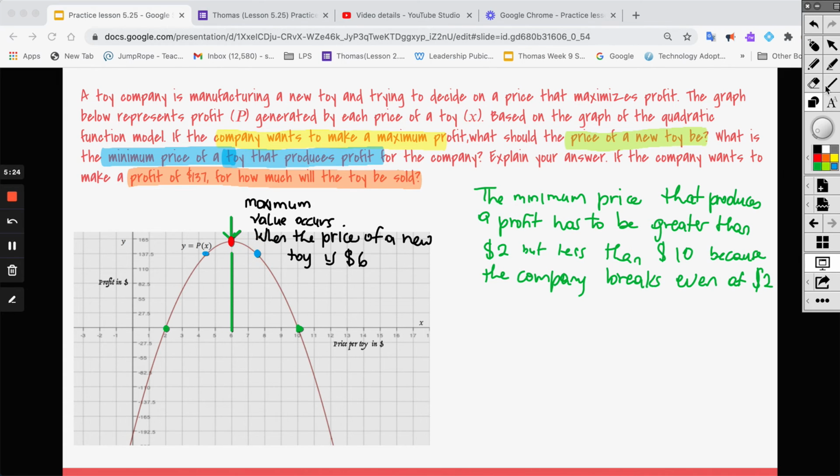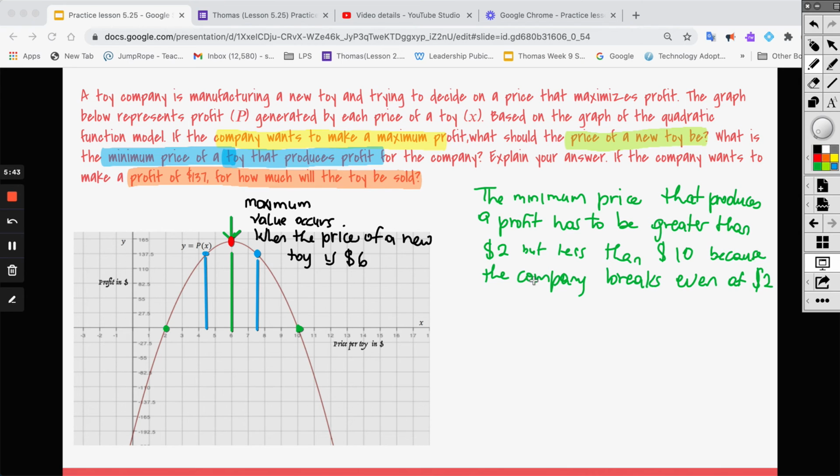So if we try to see where that takes us on our graph, that looks like in between 4 and 5 and in between 7 and 8.